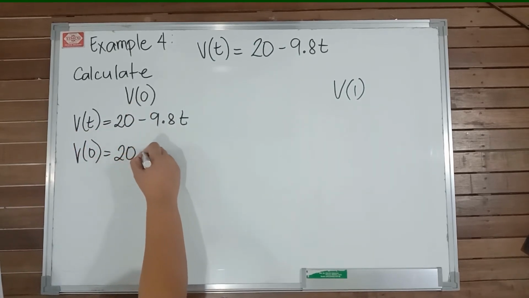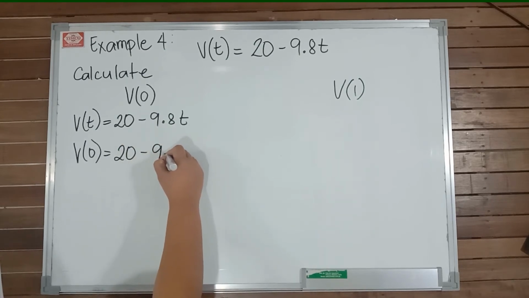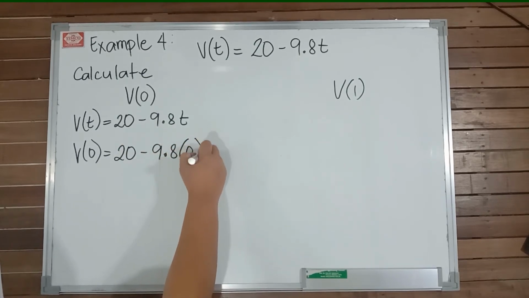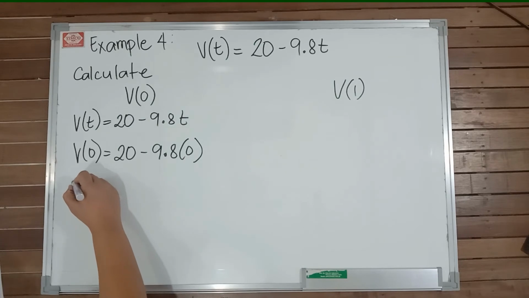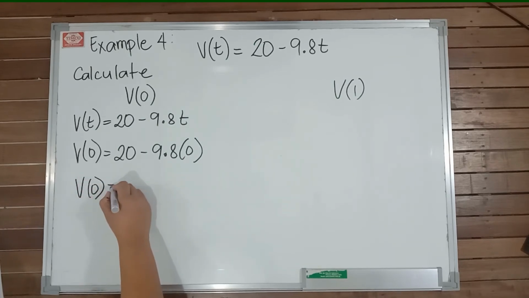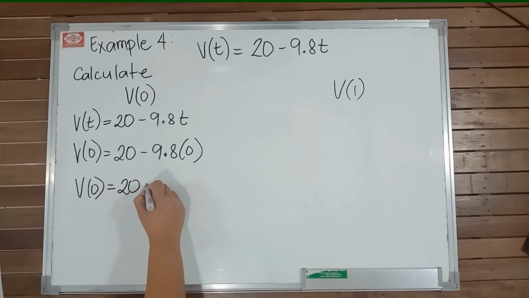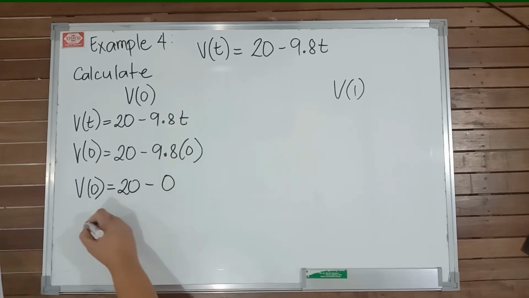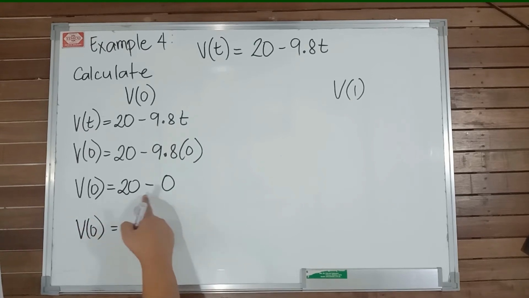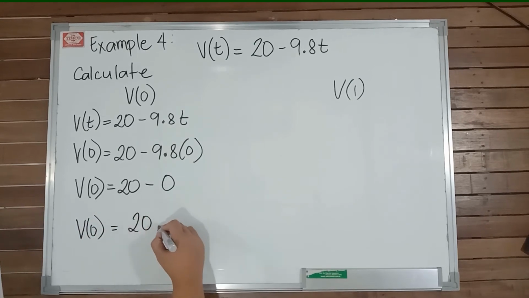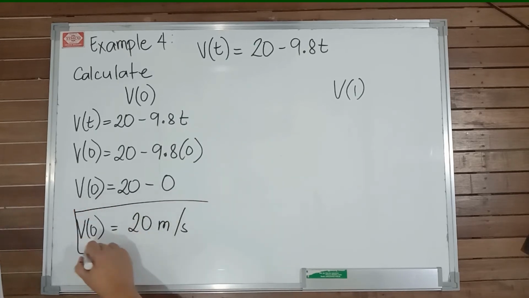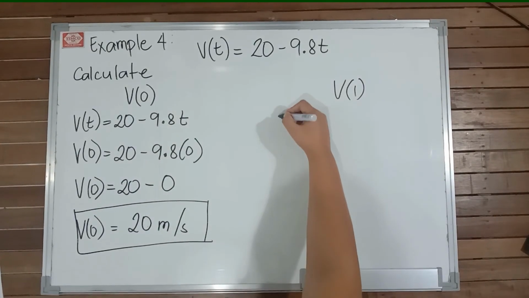V of 0 is equal to 20 minus 9.8 times 0. V of 0 is equal to 20 minus 9.8 times 0 is 0. So our v of 0 is 20 meters per second. So that is the initial time. We have the velocity 20 meters per second.